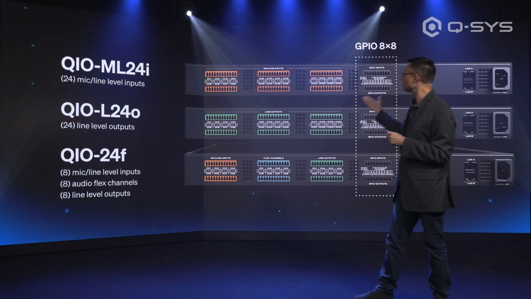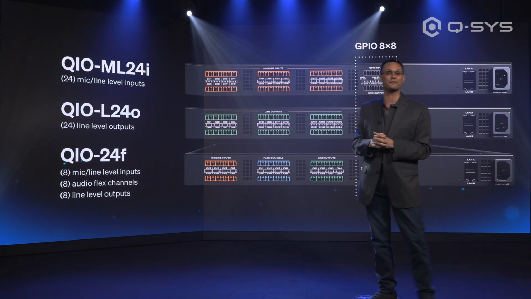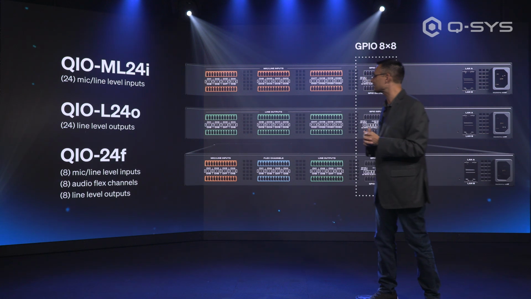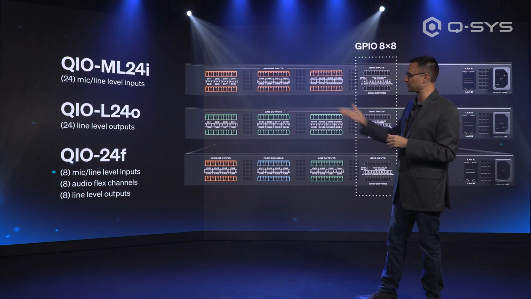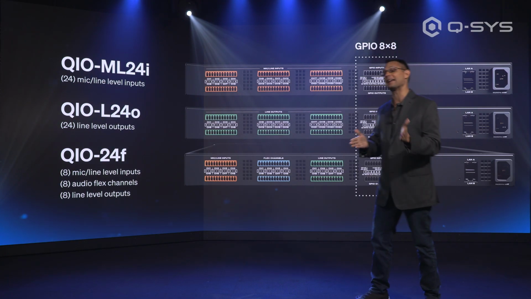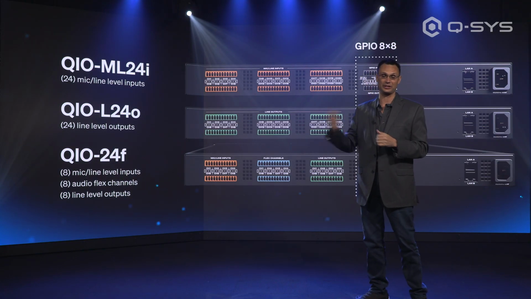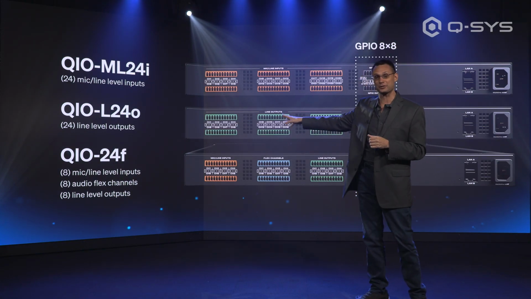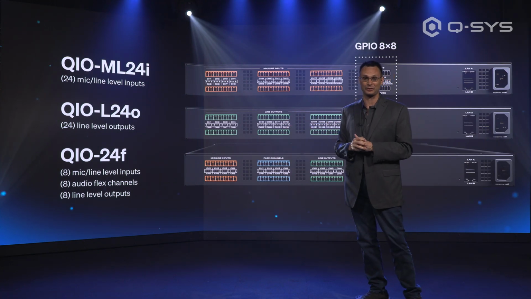We have these new devices right here, the ML24i, that is a 24 input QIO series. The L24o is 24 outputs, and then the QIO-24f. That has 8 dedicated inputs, 8 dedicated outputs, and then 8 flex channels that can be used as either inputs or outputs.